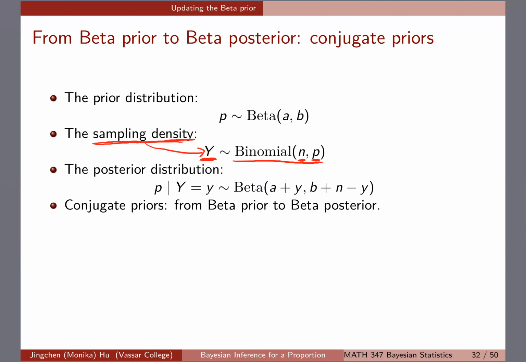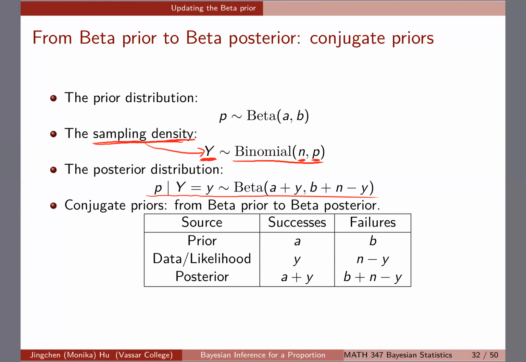Then we can see that the posterior distribution is going to be a plus Y, and b plus n minus Y for the two shape parameters. What we worked on just now for the derivation is for the specific case with a, b, n, and Y that we know, but this is the generic result. I left this as one of the homework problems for you to derive this generic result to make sure that you know why this is the case. But for now, this is just a generalization of what I just did.